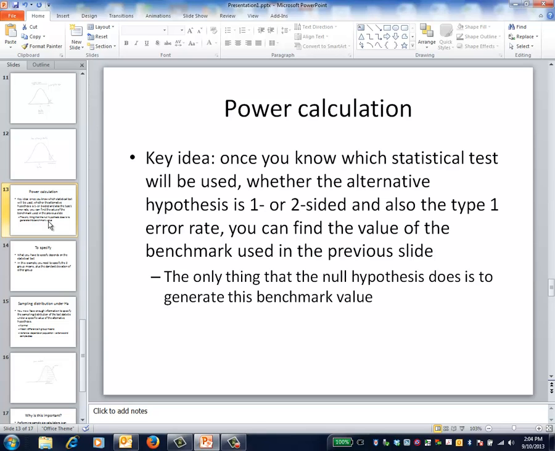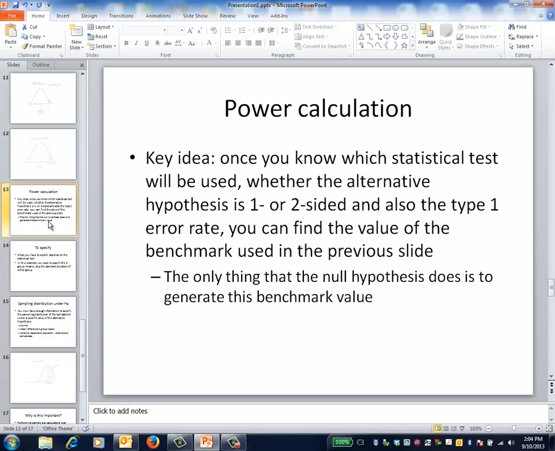Continuing the example of a parametric test, how then is a power calculation performed? We begin by specifying whether the test is one-sided or two-sided, and also the type 1 error rate of the test. In other words, what magnitude of p-values are required for statistical significance. This is enough to derive the benchmark value of the sampling distribution of the test statistic that differentiates between values that are statistically significant versus values that aren't.